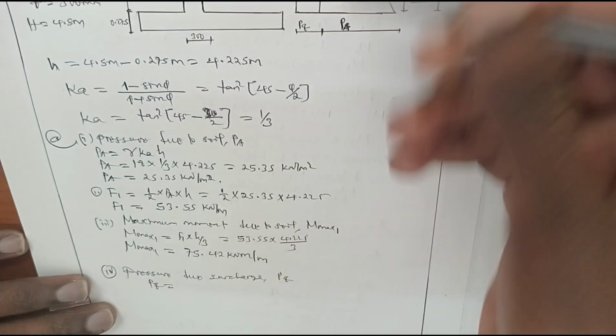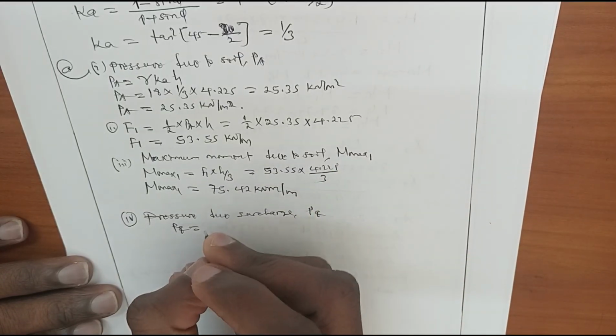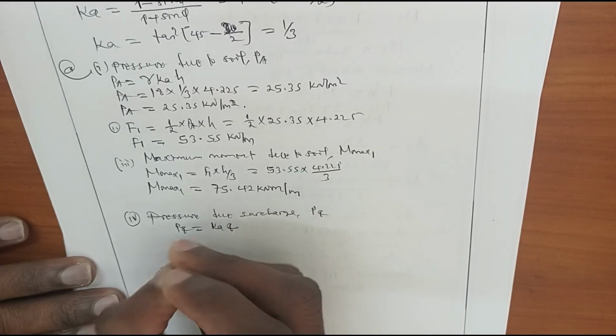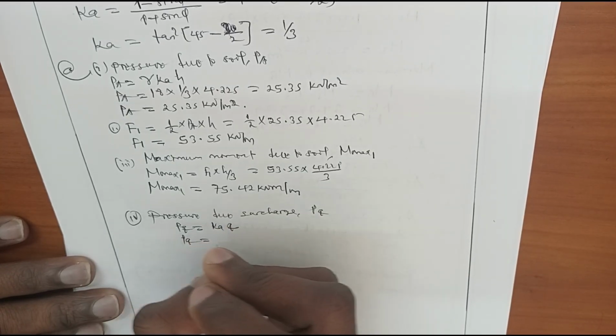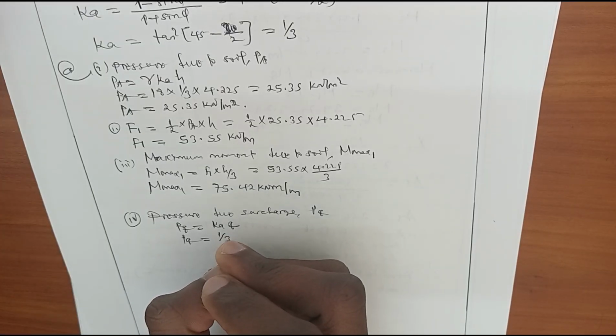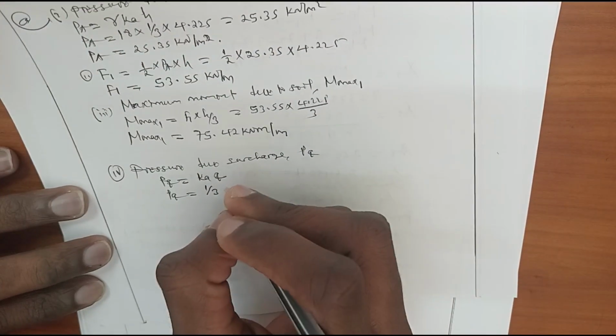Because surcharge provides uniform lateral pressure, its pressure will be equal to the coefficient of active pressure times surcharge. The coefficient of active pressure is 1 over 3 times surcharge.